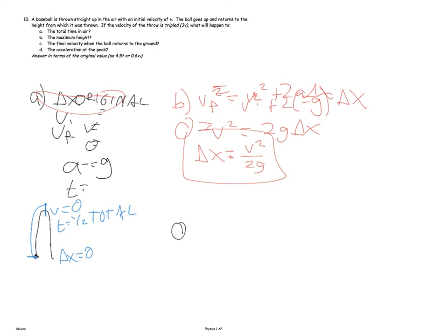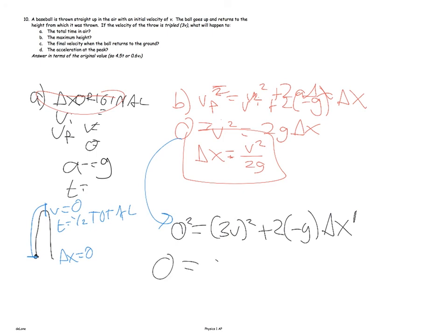Now if we want to look at the situation where it has three times as much velocity, I'm going to start right here with 0 equals 3v squared, and really this is squared too, plus 2 times negative g times delta x prime, and that simply is coming from this equation, just changing this v to a 3v. And so I end up getting, when I multiply this out, 0 equals 9v squared plus negative 2g delta x, and we solve to get the delta x equals 9v squared over 2g.